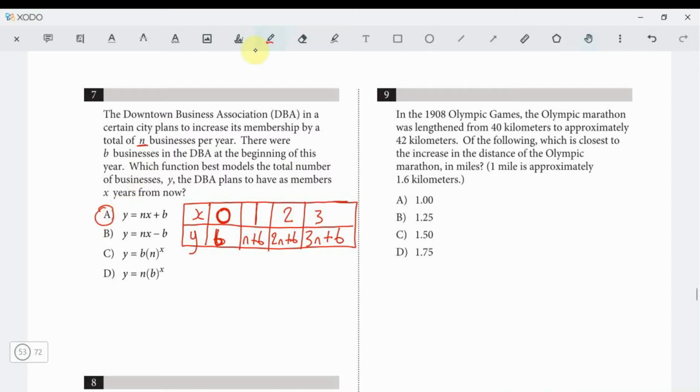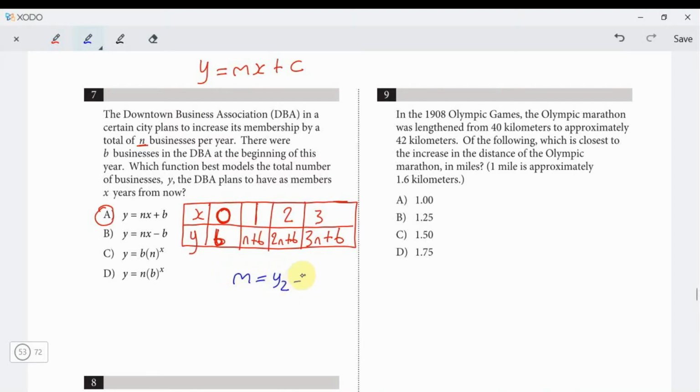If you're not seeing it directly, remember that once it's increasing at a constant rate, it's in the form y equals mx plus c. Remember that m is the gradient of the line. M is just y2 minus y1 over x2 minus x1. You can use any y value you want as y2 and any other as y1.